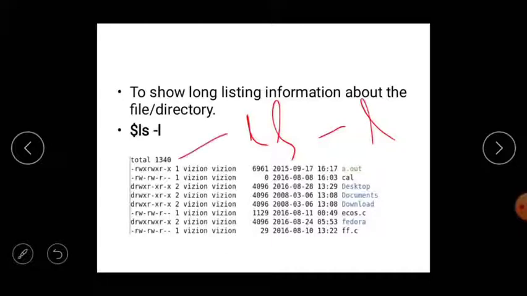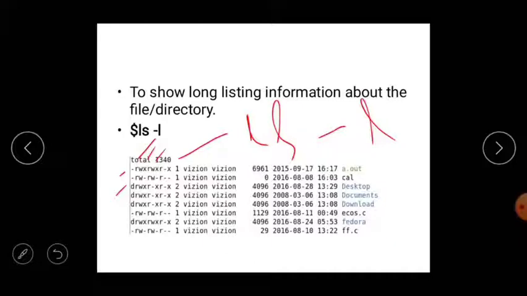There is the total of how many files there are. This D represents the directory. Without D it is a file. Here the first three letters RWX represent the read, write, execute access.